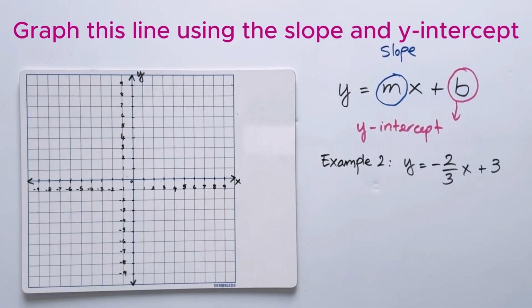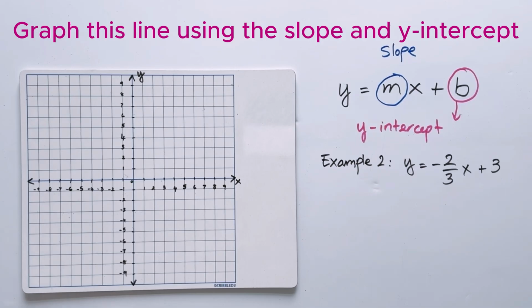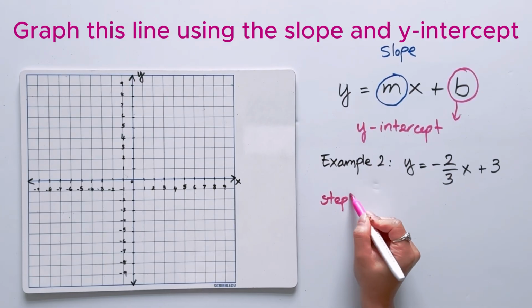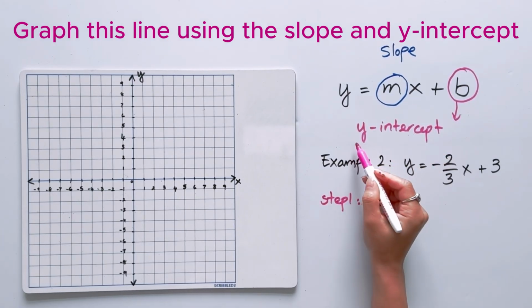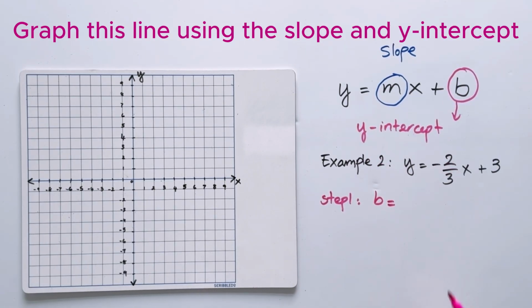Our second example is y equals -2/3x plus 3. Again, our first step is we want to identify the y-intercept. So step number 1, y-intercept, instead of writing y-intercept, I'll put b equals 3.